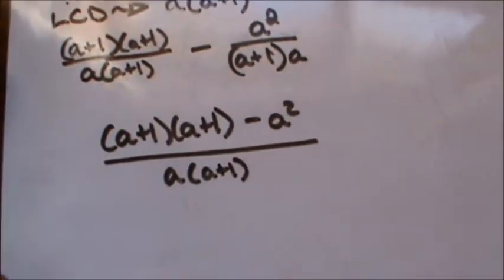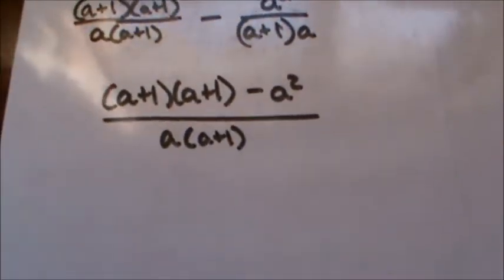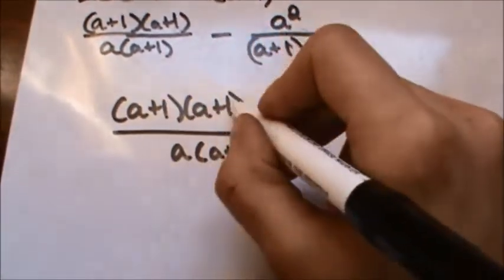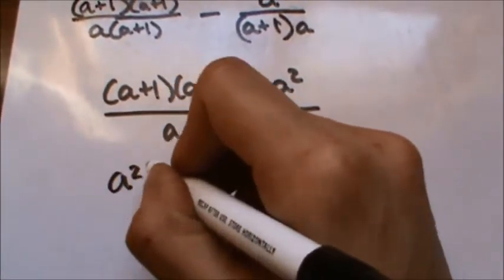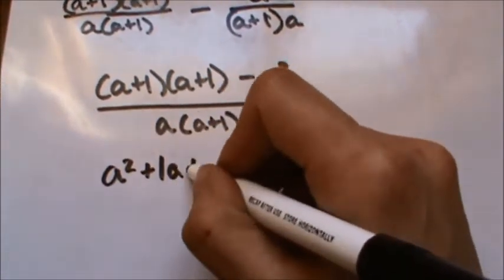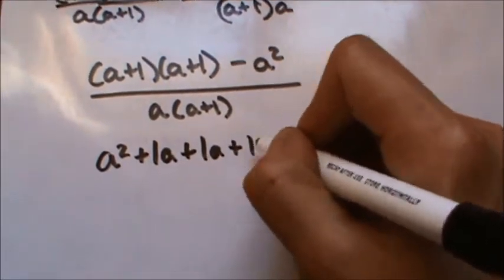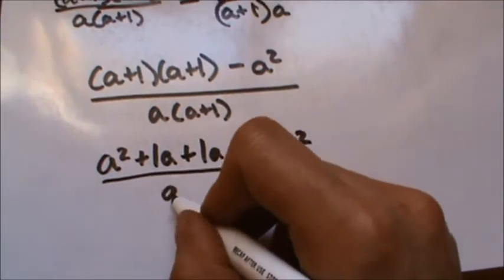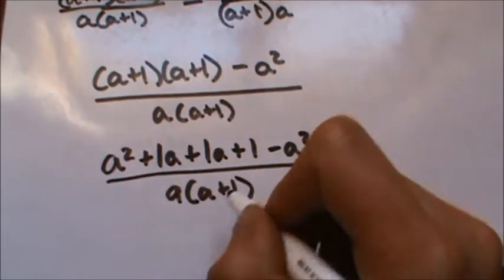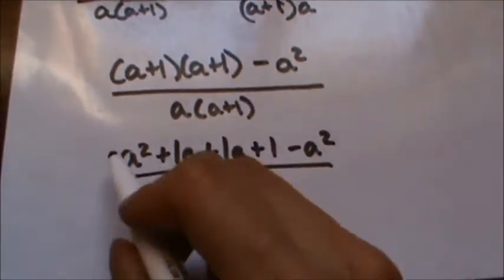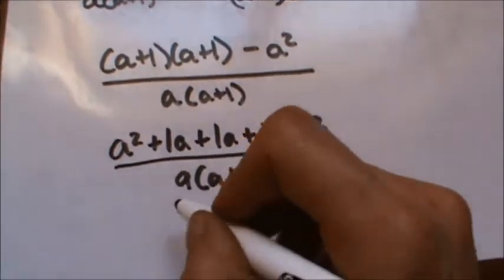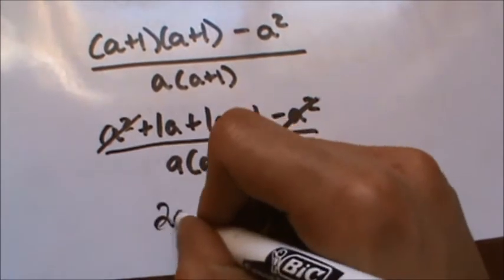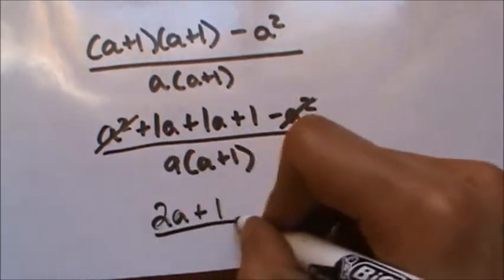Okay. Now I need to simplify this fraction. How am I going to do that? Foiling out this top part. And simplifying. So notice I'm not really doing much to the denominator, but just looking at the numerator. I have a squared minus a squared, so these two can cancel out. 2a plus 1.